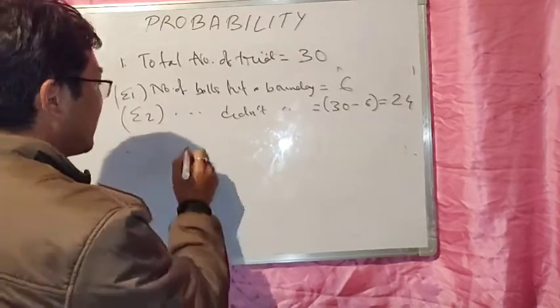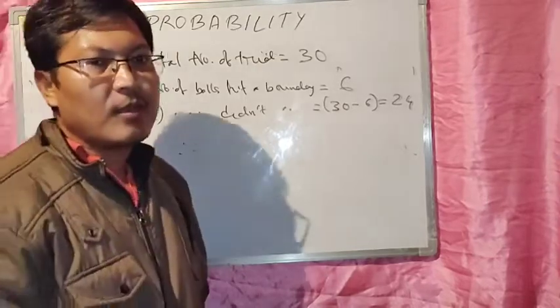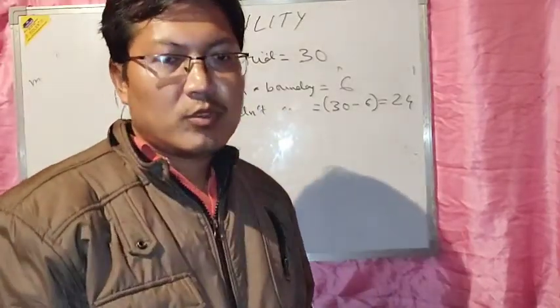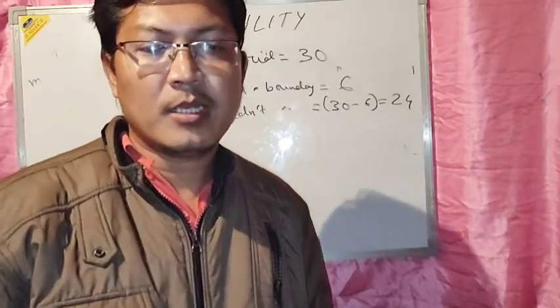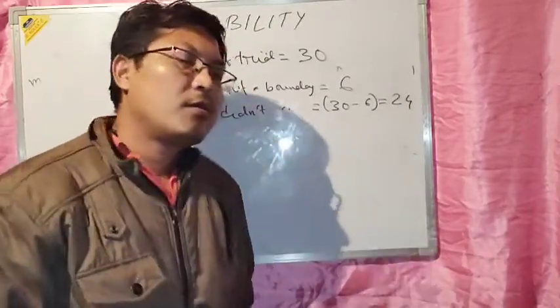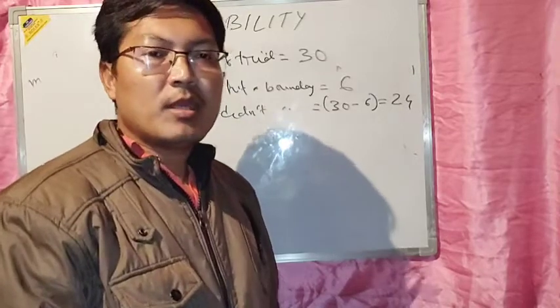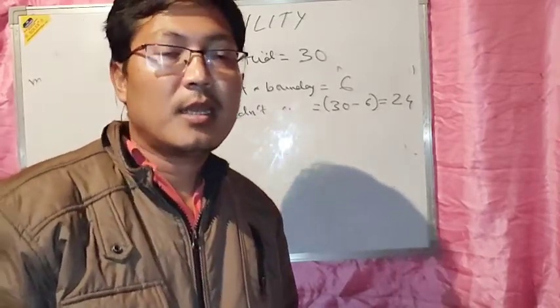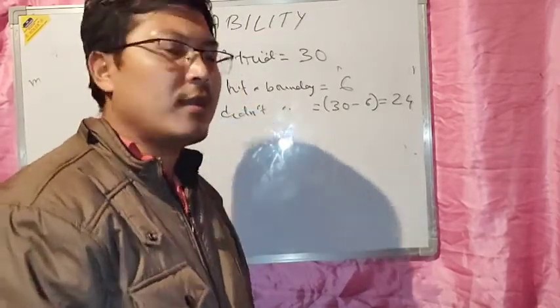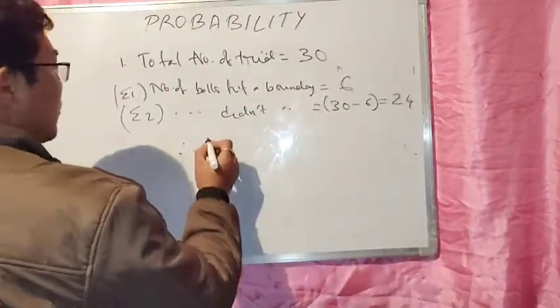That means in the question what is given? Students, read the question nicely. Here it is given, find the probability that she did not hit a boundary. In the exam, it may be given, find the probability that she hit a boundary. So read the question nicely.